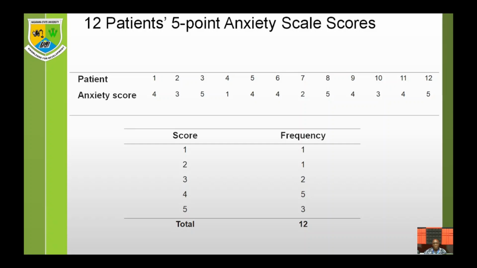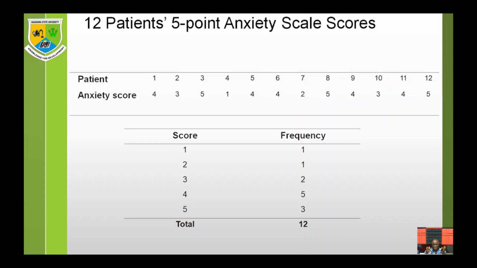And it is assumed that the anxiety level of these persons, these participants, were measured. And for each of them, patient 1 to 12, there are records. We want to create a table of frequencies. And from this table of frequencies, we want to create graphs.